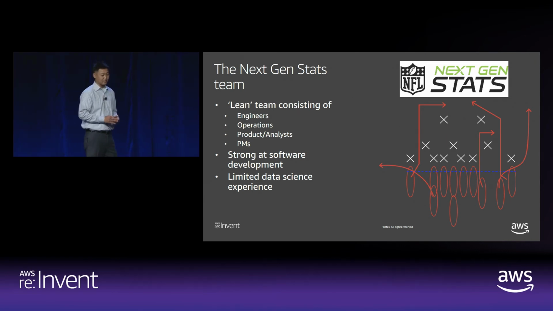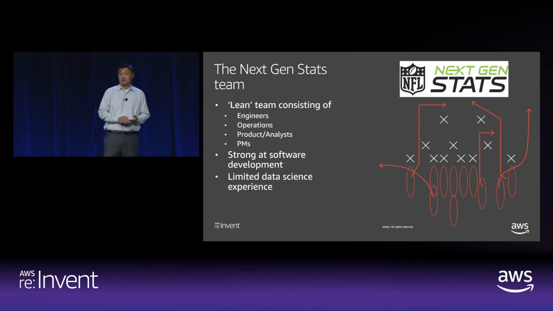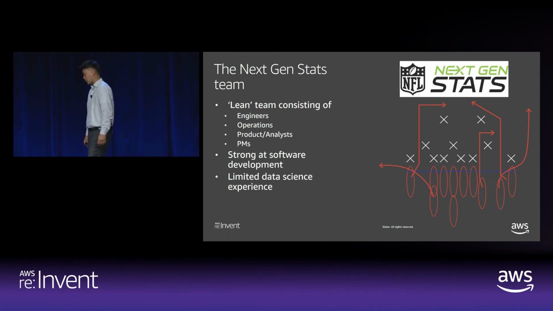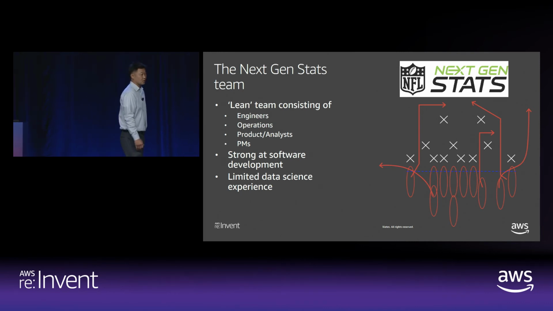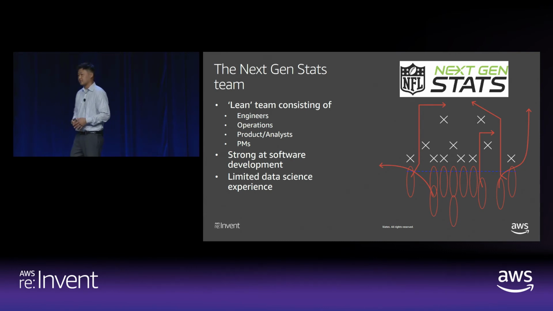We hired a team of very talented individuals, but what we lacked was data science experience. So when we talked to our friends at AWS and they introduced SageMaker to us, we were really excited. SageMaker provided a way for a team of engineers to start using the tools of data science.